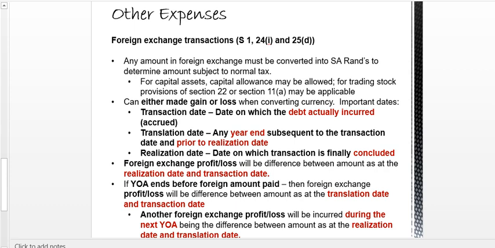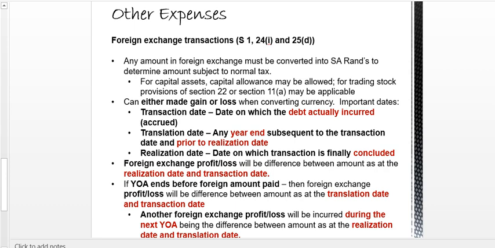In order for you to determine the deduction allowed, you need to determine what profit or loss you made with this foreign exchange transaction. So the profit or loss is the amount between the realization date and the transaction date.